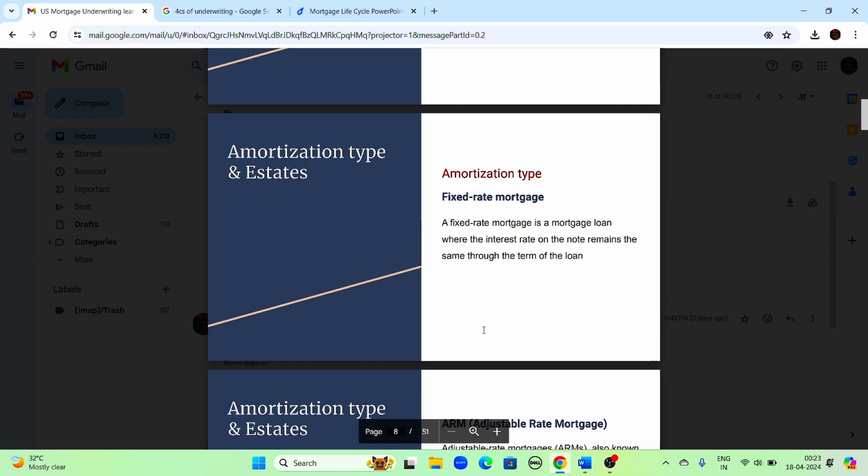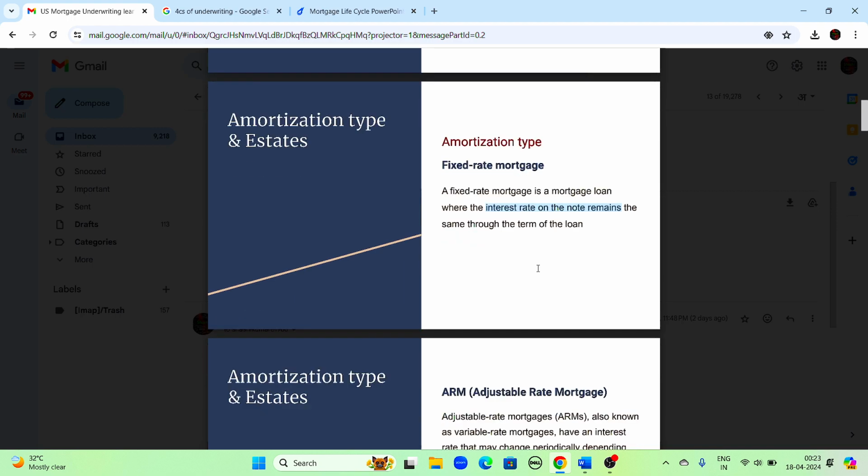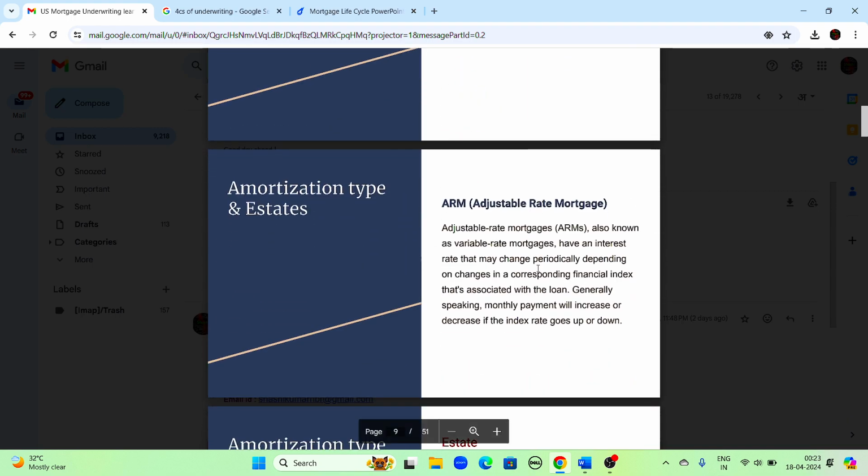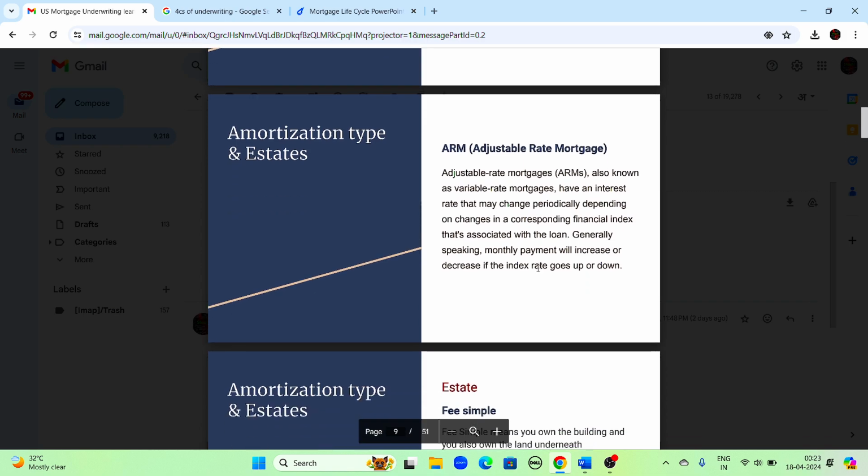Amortization: a fixed rate mortgage. What is a fixed rate mortgage? It is a mortgage loan where the interest on the note remains the same through the term of the loan. ARM, adjustable rate mortgage, is also called a variable rate mortgage, and it has an interest rate that may change periodically depending on changes in a corresponding financial index that is associated with the loan.